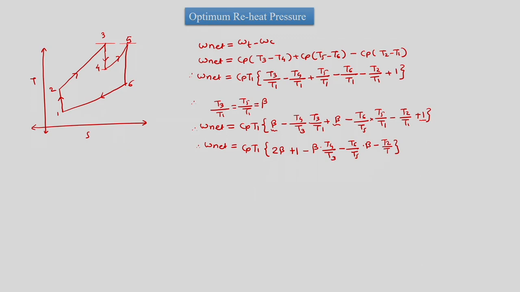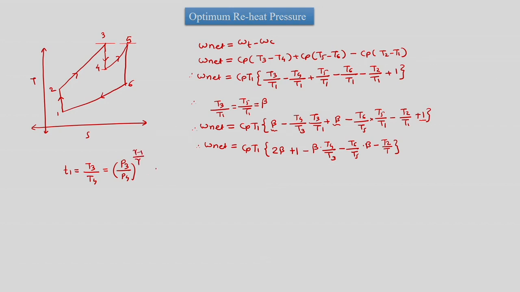Now let us state that T1 is a temperature ratio which is T3 by T4. We are assigning a new variable T1 as the ratio T3 by T4, and that practically is P3 by P4 bracket raised to gamma minus 1 upon gamma.